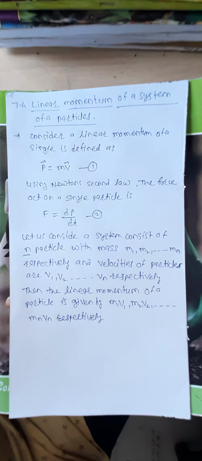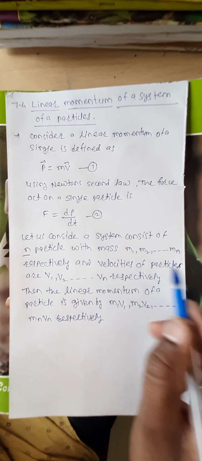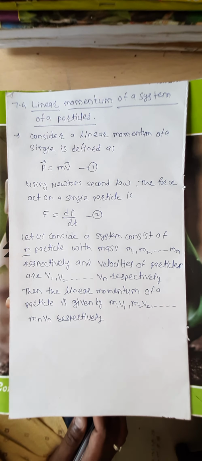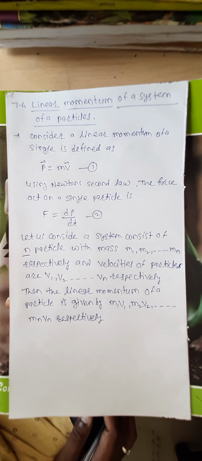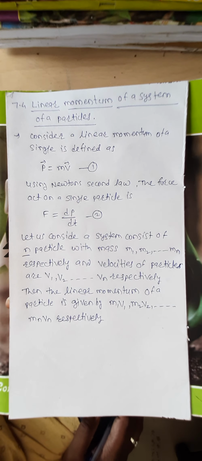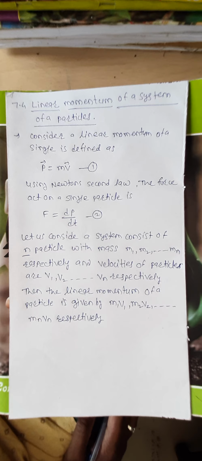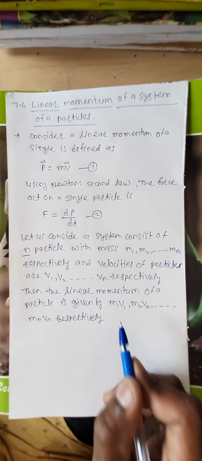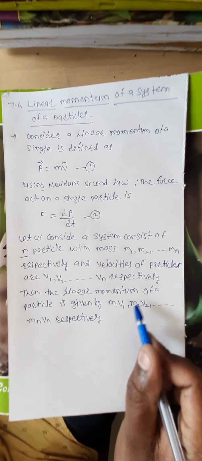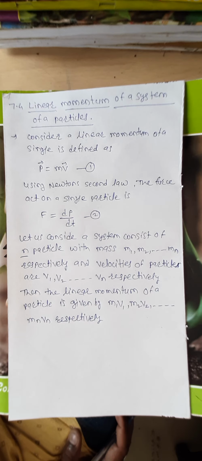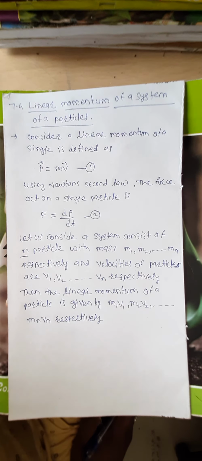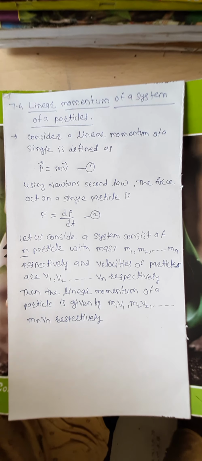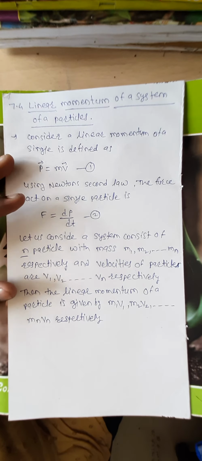Now the system consists of n particles having masses m1, m2, m3 up to mn, moving with velocities v1, v2, v3 up to vn, and the linear momentum of a particle is given by m1 v1, the momentum of the first particle. The momentum of the second particle is m2 v2, of the third particle m3 v3, and so on up to the momentum of the nth particle, mn vn, respectively.